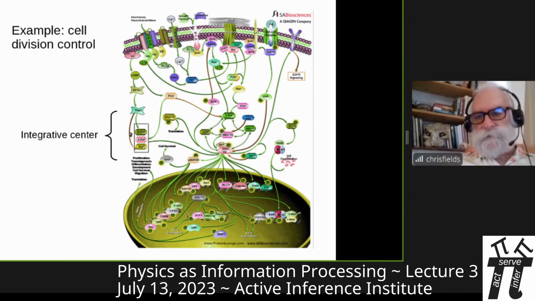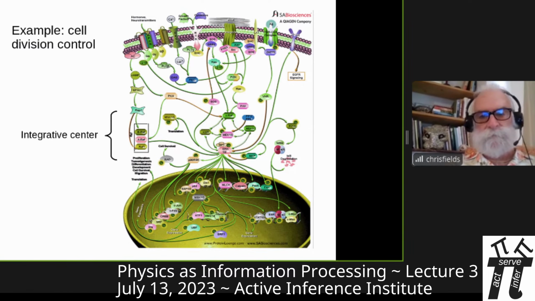And this is the reference frame that makes decisions about whether cells are going to divide. So on the top, you see the cell's membrane, and there are all sorts of receptors sticking out of it that detect hormones and neurotransmitters and growth factors and this, that, and the other thing, many of which are produced by other cells.